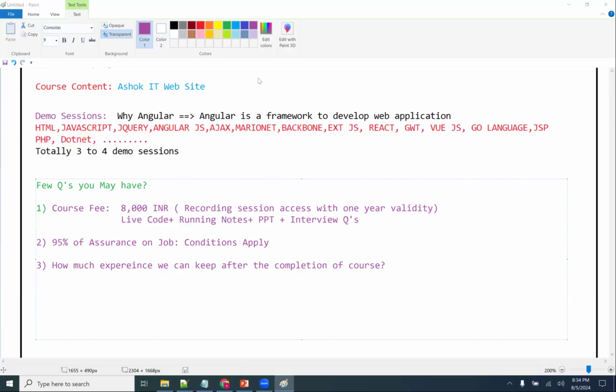If you are teaching Angular 17, the latest, is it compatible with all the lower versions? Very good question. By default, it is not compatible with lower versions, because from Angular 16 to 17 a drastic change is there.